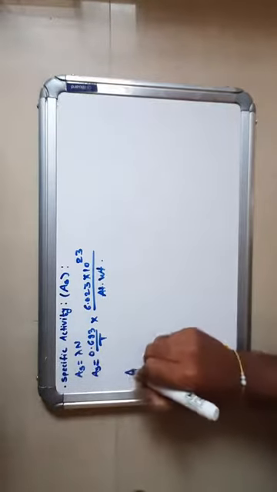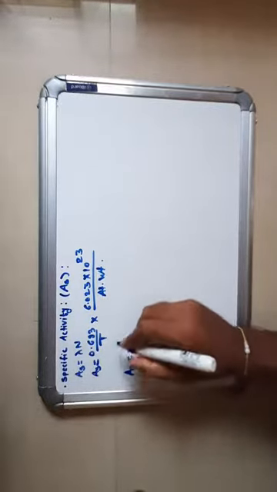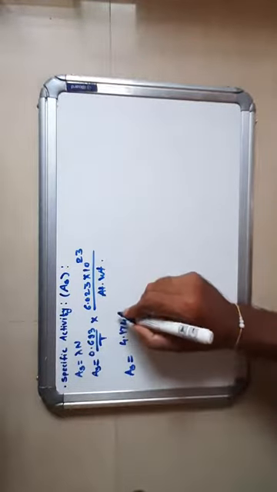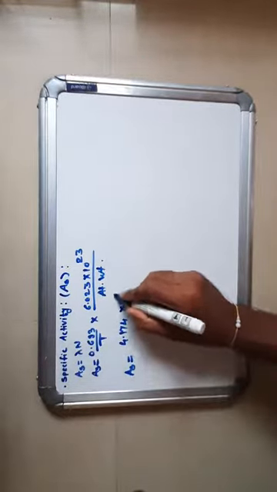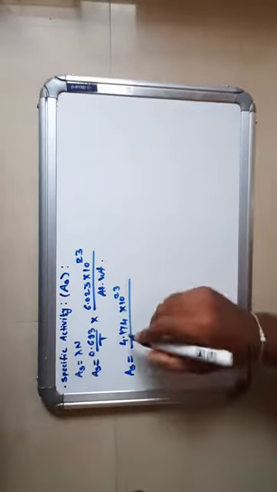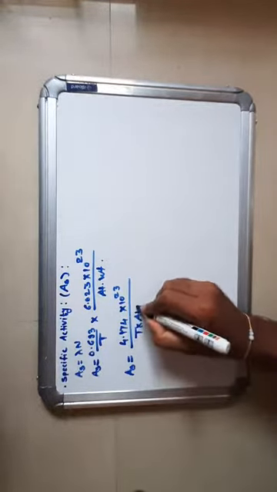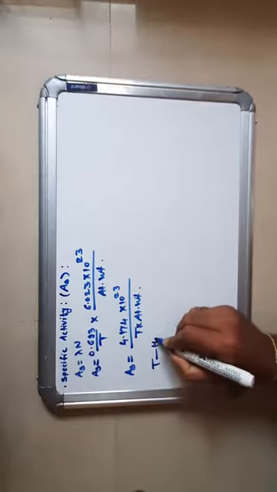Then specific activity A_S is equal to 4.174 into 10 raised to 23 divided by T into atomic weight, right? Capital T is the half-life period.